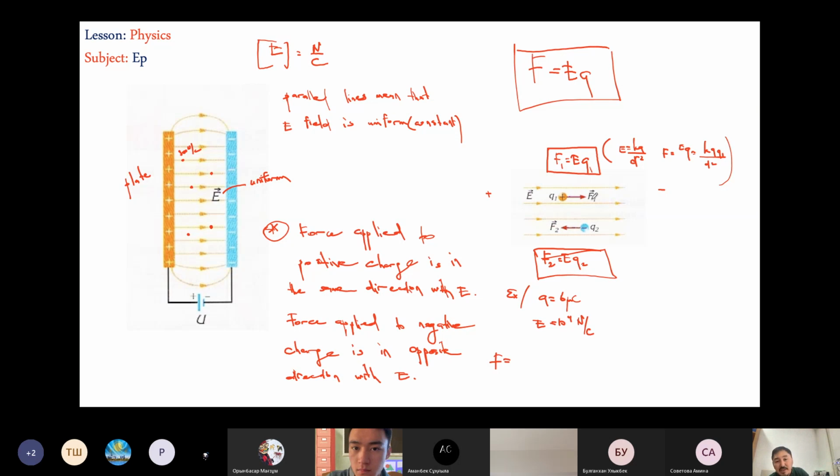It will be in the right direction. So I have to multiply E times Q, that's 10 to the power 4 times 6 times 10 to the power of minus 6. So the force here will be 6 times 10 to the power of minus 2 newtons. Or I can write, if you wish, 0.06 newtons.